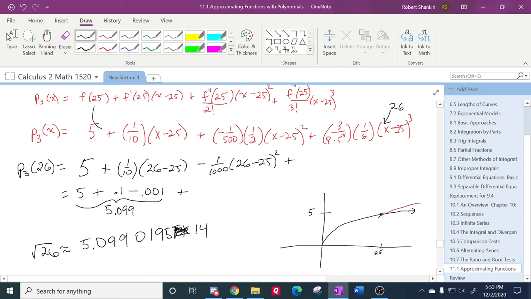And if I did all that, this is going to reduce. That cubed is going to be 1, because 26 minus 25 is 1, and 1 cubed is still 1. So it's 1 divided by, in parentheses, 5 to the 5th times 8 times 2. And it's plus 0.0040 and 2.